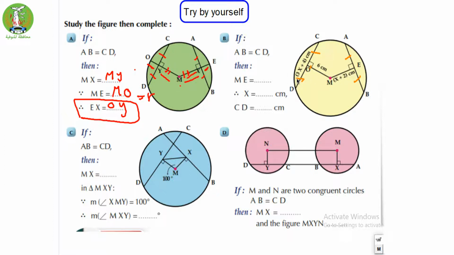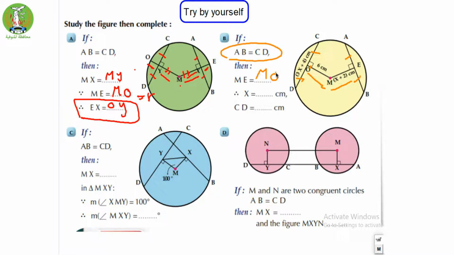Since AB equals CD, two equal chords in a circle, then the two distances here are equal. Then ME equals MO. Then X equals space centimeters.